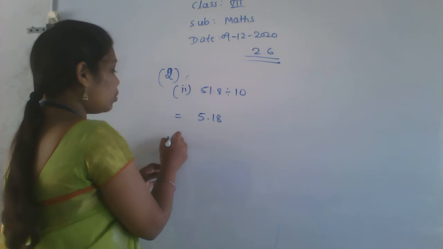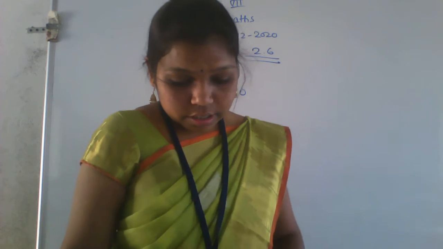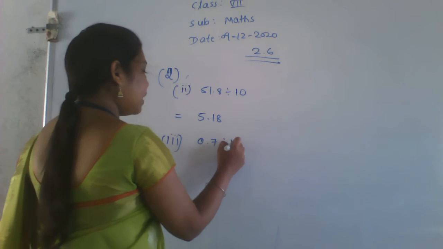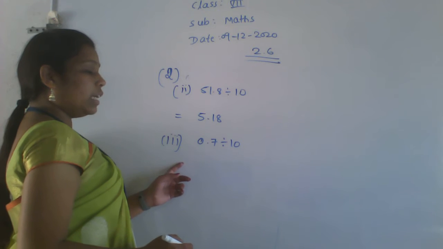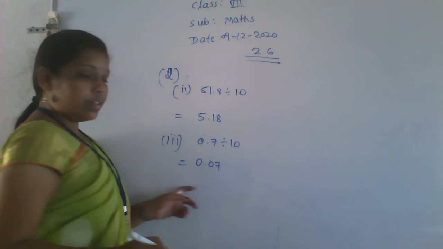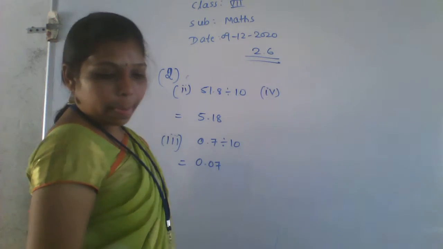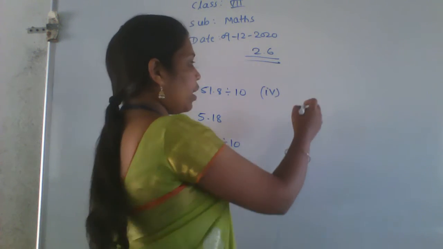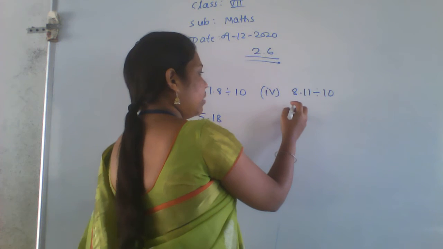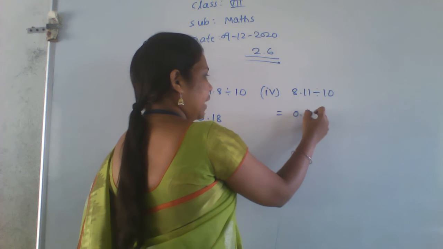Next, the third problem. What is the third one they have given here? 0.7 divided by 10. 0.7 by 10 means the point will shift to the next number, that is 0.07. The fourth one is 8.11 divided by 10. Shift the point, 0.811.